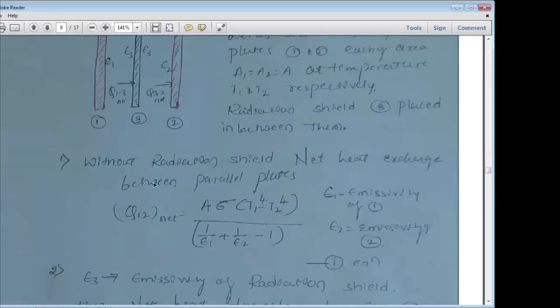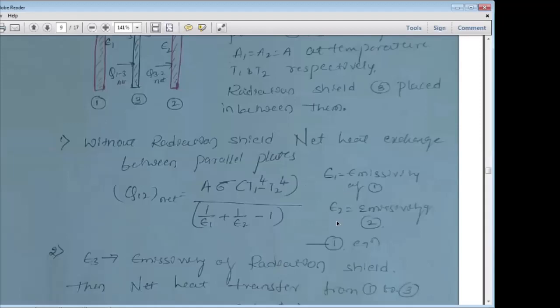T1 is the temperature of plate 1 and T2 is the temperature of plate 2. Epsilon 1 is the emissivity of plate 1 and epsilon 2 is the emissivity of plate 2. So this is the equation to calculate the net heat exchange between the parallel plates without a radiation shield.